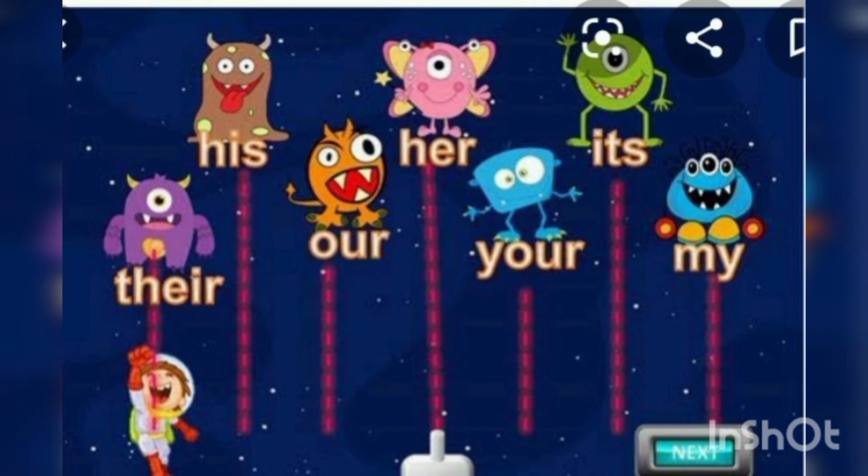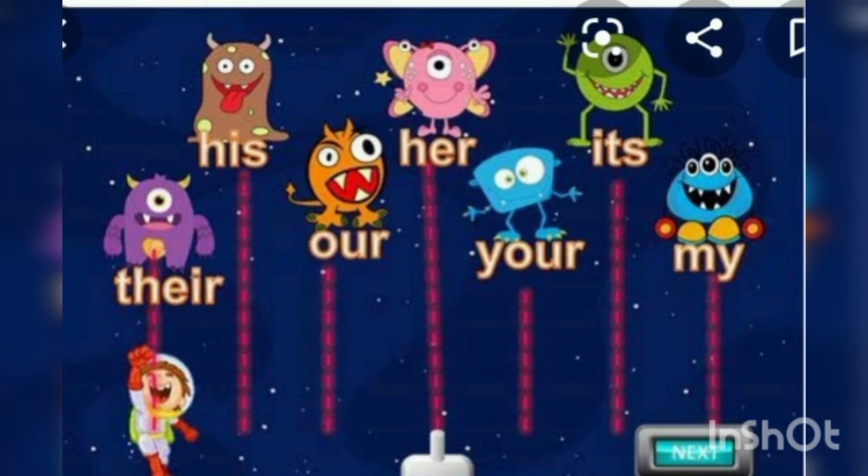These words show one's possessions over a noun. So these words are called possessive determiners. This is my house. Here house is a noun and my is a possessive determiner because it is showing my possession over the house.